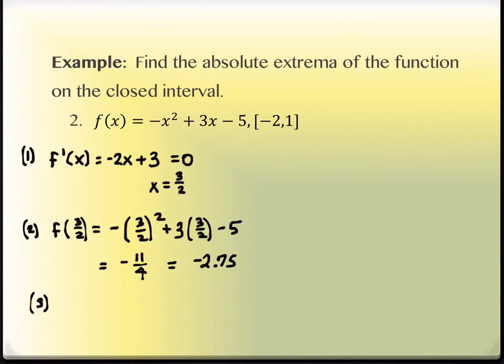Evaluate the endpoints. So the endpoints here are the -2 and the 1, right? Into which function? The original. So I need f of -2. So this is -2 squared plus 3 times -2 minus 5.